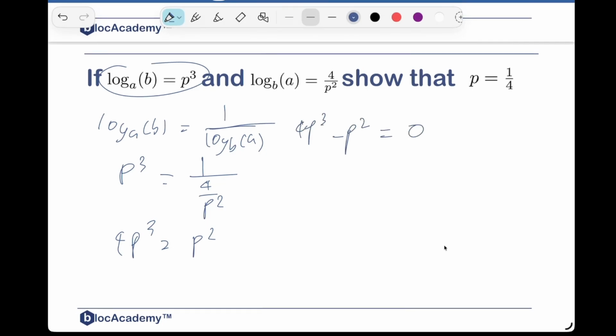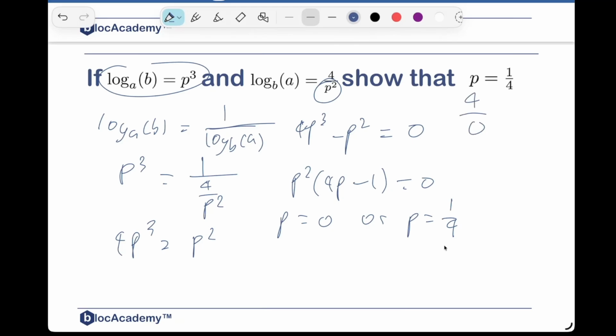We can factor out the p squared. We're going to get 4p minus 1 equals 0. So p equals 0, or p equals 1 over 4. Now, if we were to evaluate p equals 0, we would get a logarithm that is 0. But there is an issue if we look at this expression: 4 over 0 does not exist. So, therefore, the only possible solution is p equals 1 over 4.